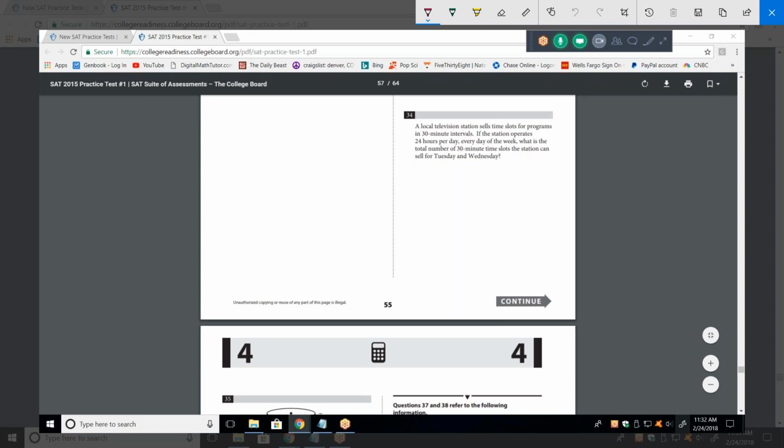So 96 slots? Yeah, the first step is to figure out how many you can sell per day. If there's 24 hours in a day, there's 48 30-minute time slots. And then he's talking about 2 days, so you multiply that by 2.